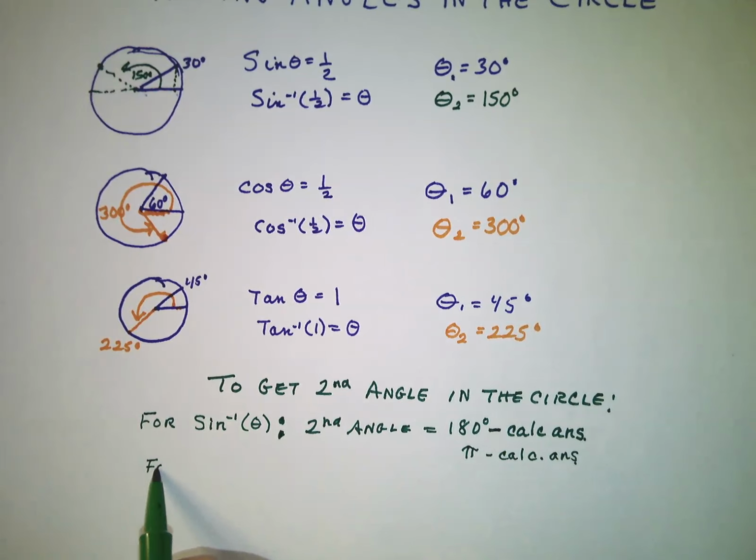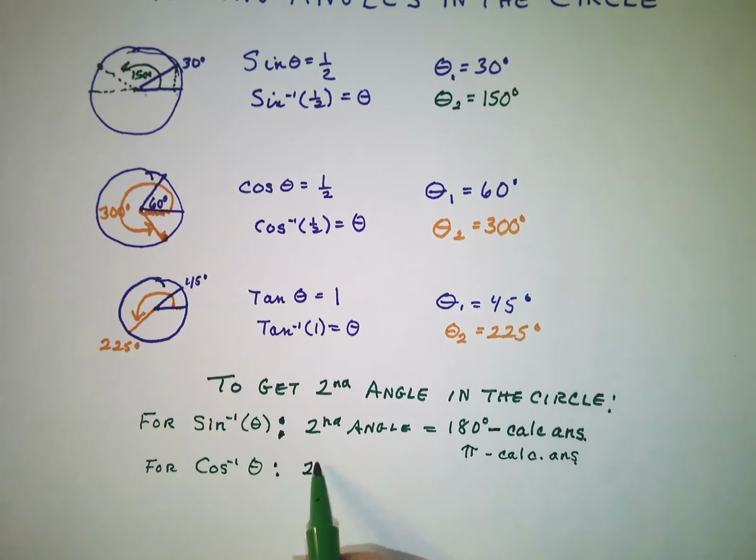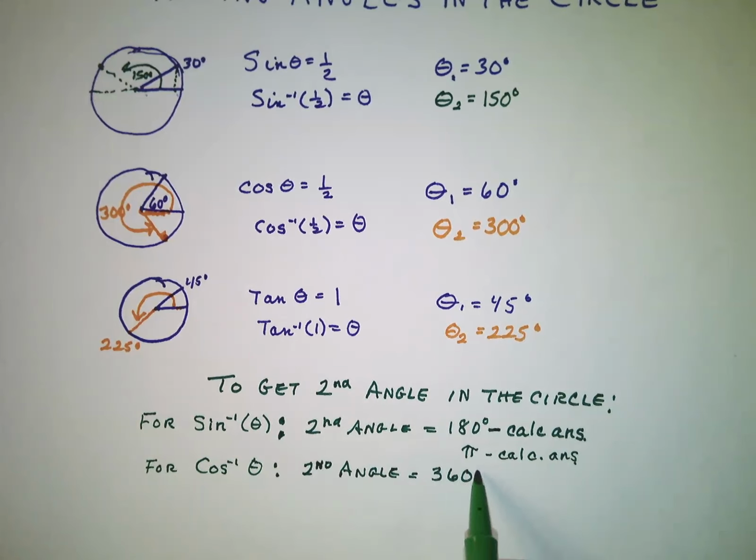For inverse cosine, the second angle in the circle is going to equal 360 minus whatever the calculator tells us. Or we could do 2 pi minus the calculator answer.